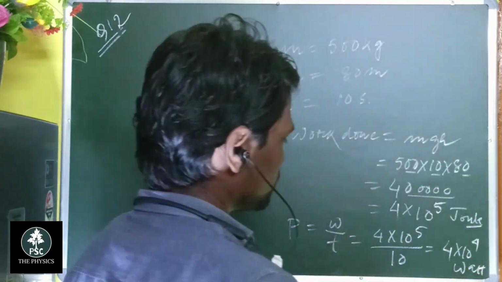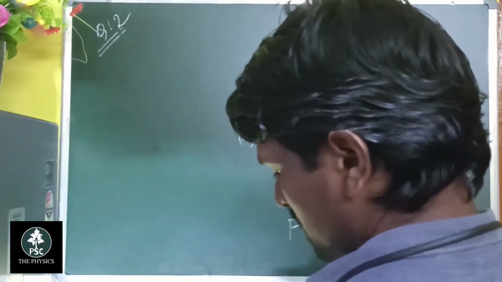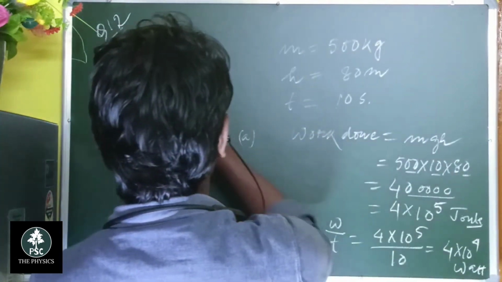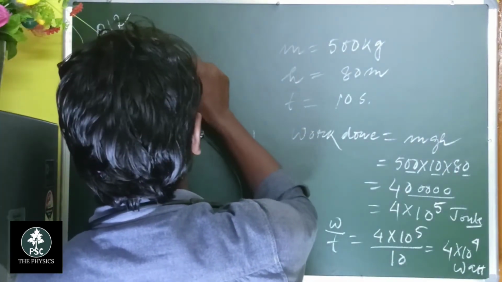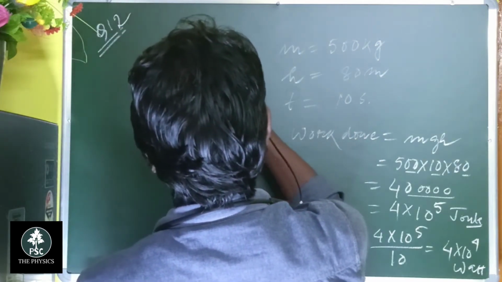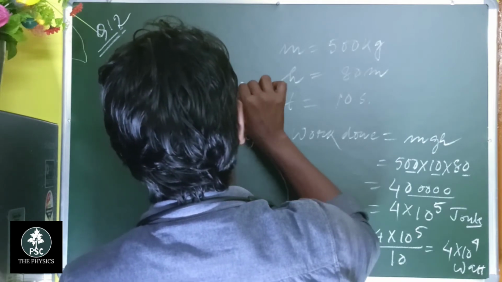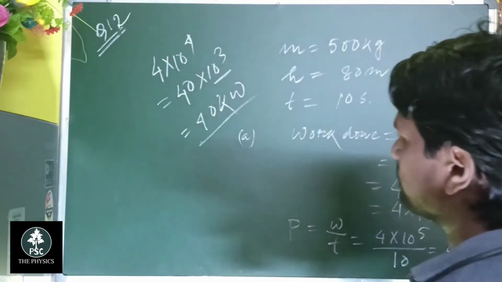The zeros cancel, and you can also write this as 40 into 10 to the power of 3, or 40 kilowatt.